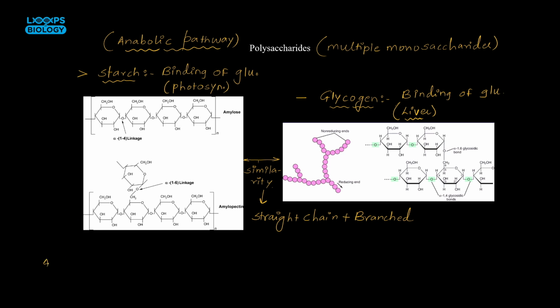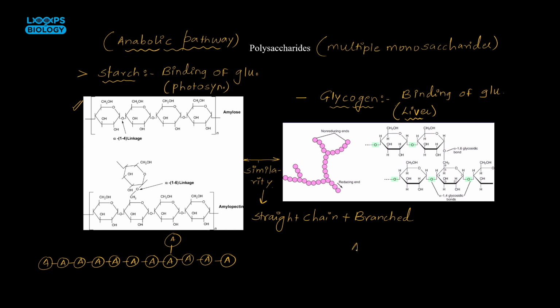Suppose there is A bound with A, another A, another A, 5, 6, 7, 8 times, and after that there is a first branch, then the straight chain follows again. When the first branched unit is seen after 7 to 8 units, that is the case of starch.